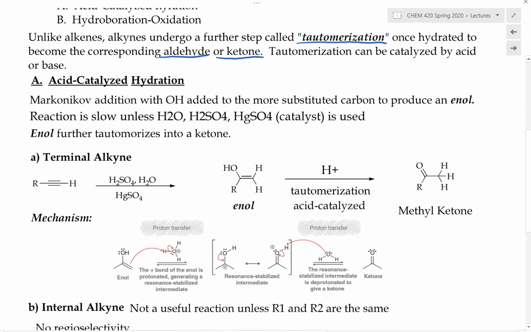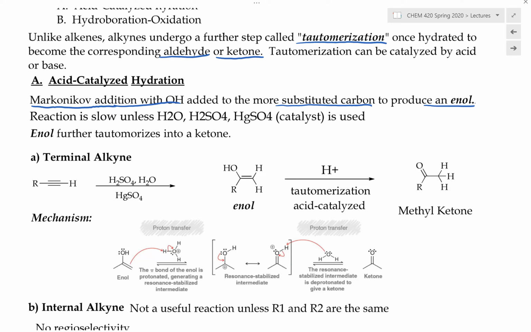When we do an acid catalyzed hydration of the alkyne, what we have discovered is that it will undergo a Markovnikov addition, in which the OH group is added to the more substituted alkyne carbon to produce an enol. The reason why this undergoes the Markovnikov addition is quite easy. When we draw the reaction mechanism, this product goes through a more stable carbocation intermediate, which we'll see in a little bit.